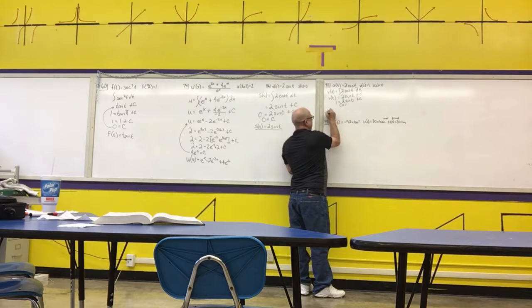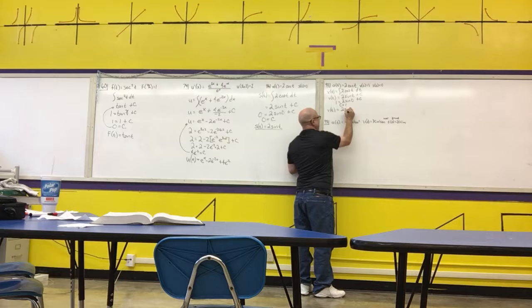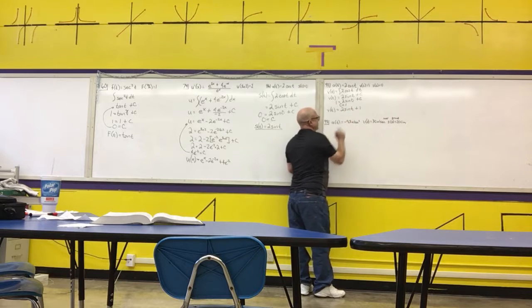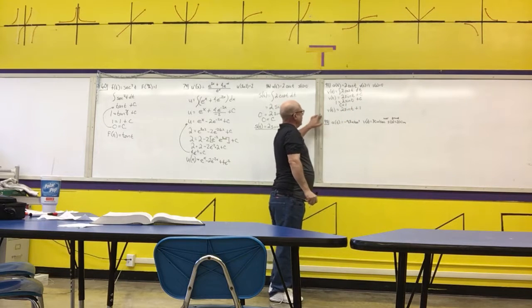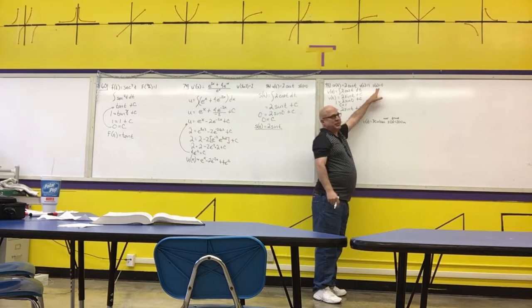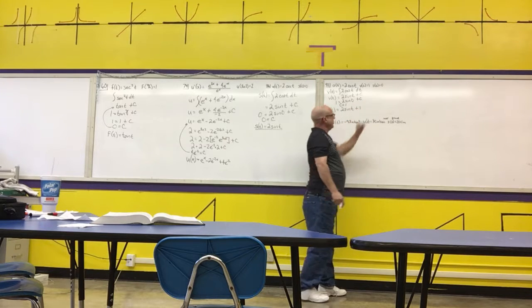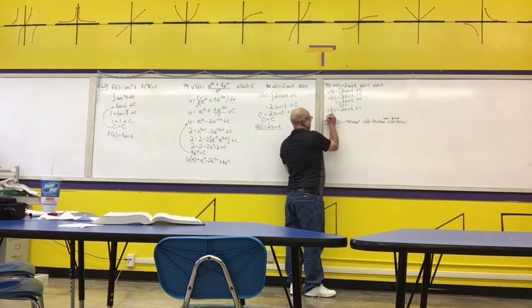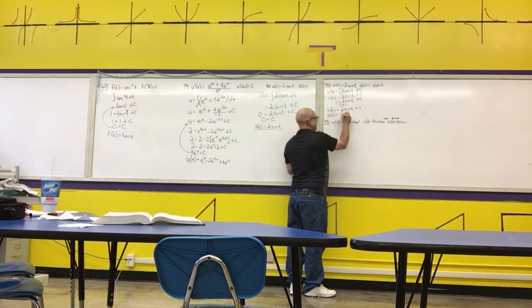So my velocity with respect to time is equal to 2 sine t plus 1. Now what I need to do is take the antiderivative of velocity to get my position function. So position function is equal to the antiderivative of 2 sine t plus 1 dt.